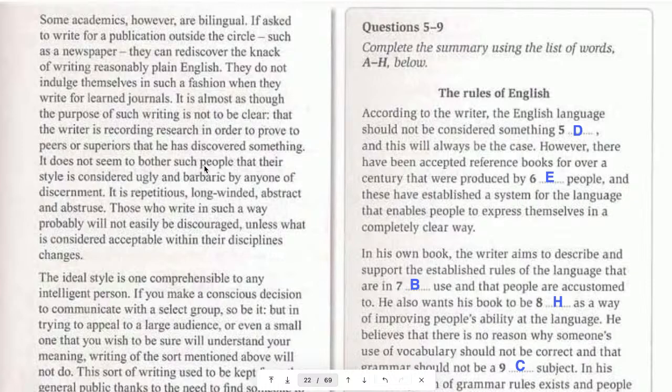It does not seem to bother such people that their style is considered ugly or barbaric by anyone of discernment. It is repetitious, long-winded, abstract, and abstruse. Those who write in such a way probably will not easily be discouraged unless what is considered acceptable within their disciplines changes. Okay. So what is the purpose of these writers, of these academics, according to the writer?